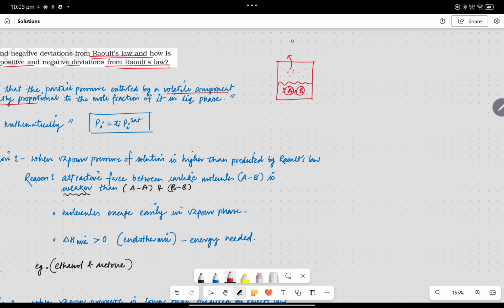So in the gaseous phase, the partial pressure of A is exerted by the molecules of A present there, and the partial pressure of B is exerted by the molecules of component B, and that is proportional to the mole fraction of A and B. So PB is directly proportional to the mole fraction of B in the liquid phase.